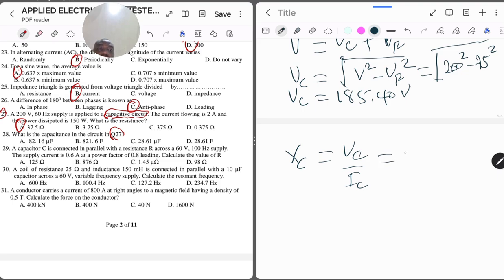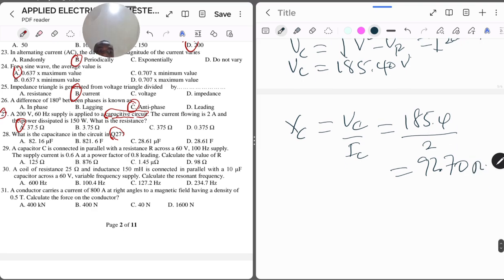So I now have 185.4 divided by, again the current is 2. So this divided by 2. So I get this to be negative 2.70 ohms, right? Ohms.